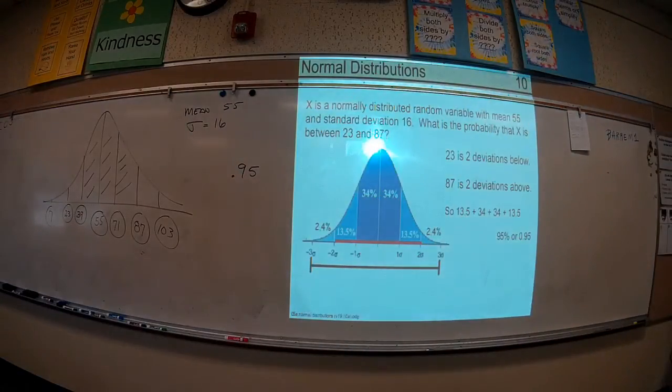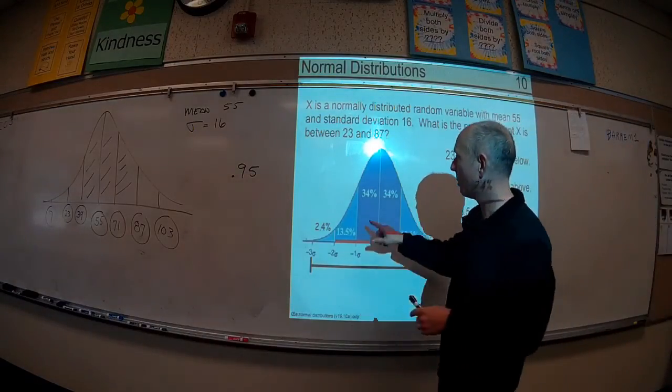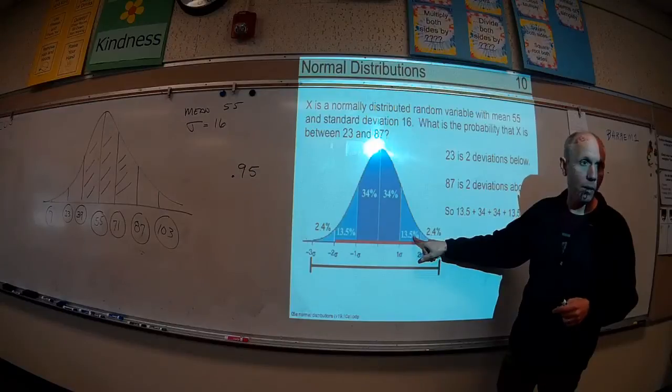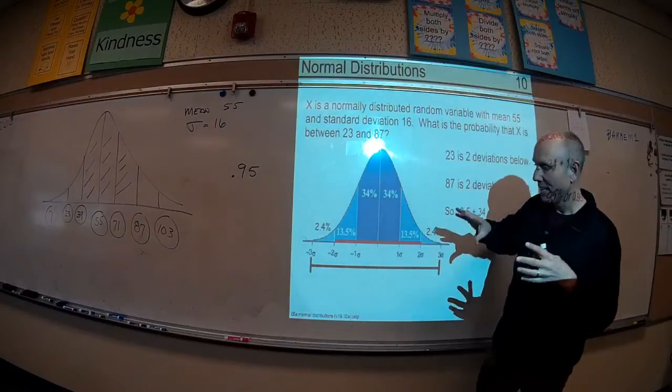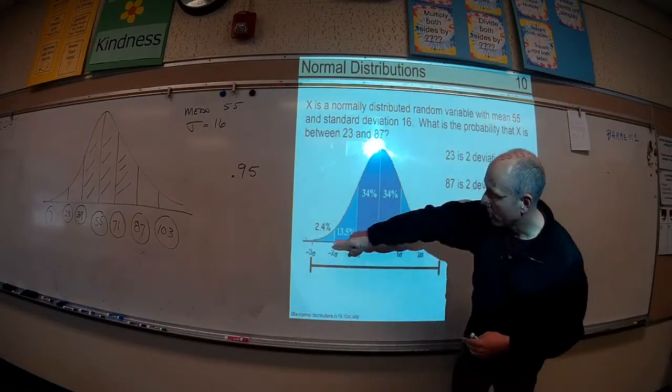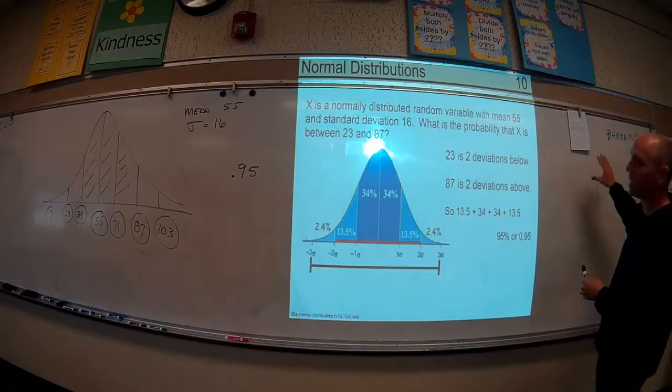So what you're doing is you're adding up 34, 34, and 13.5, because that's what I'm looking at on my graph. Basically, I take my numbers and I overlay it onto this, and then I can answer my questions.